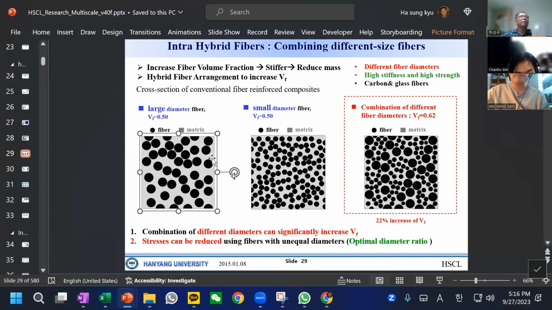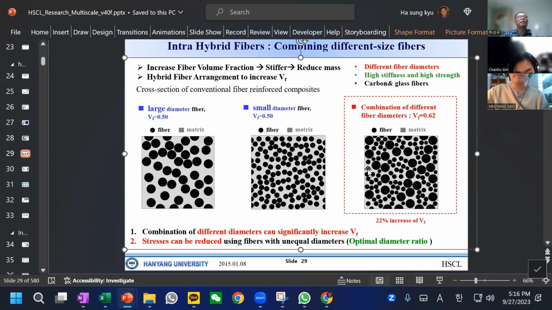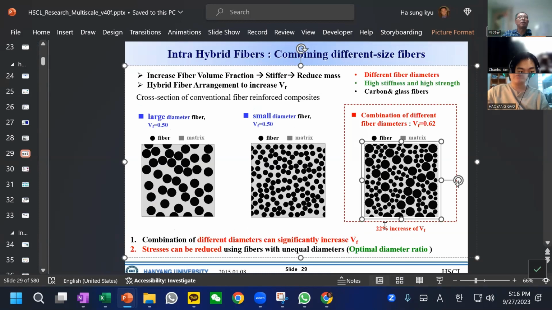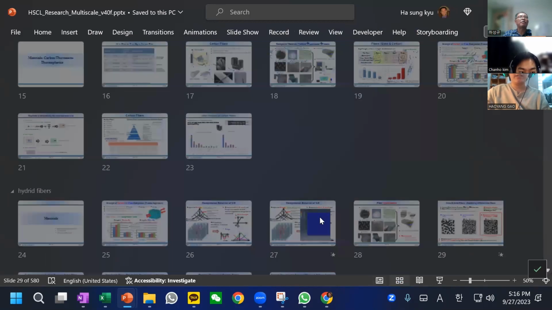But if we combine fibers of different diameters, these small fibers can fill inside the large, and this is the way we can increase the fiber volume fraction. This is just a better understanding of the carbon and hybridization.